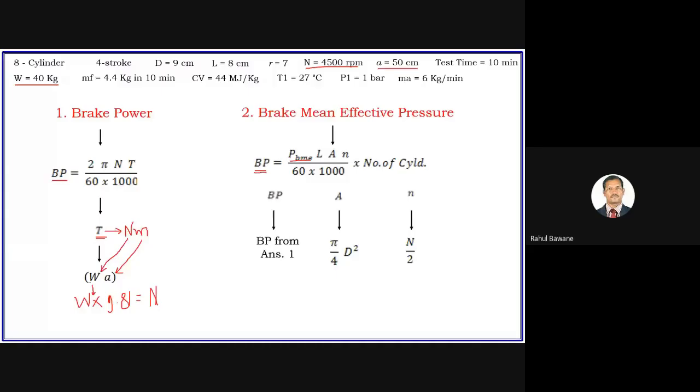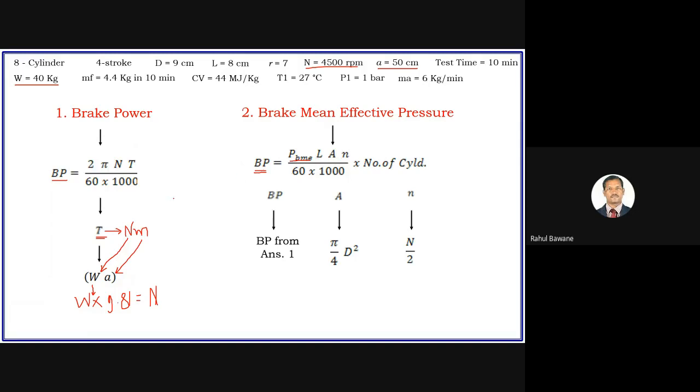Force, brake power is wrong if you don't convert kg into Newton. So if your brake power is wrong, that means this is wrong. If this is wrong, your second answer will be wrong. So that means even though you know all the formulas, you are doing all calculation correctly, but due to the failure of conversion of weight into Newton, all your answers will be wrong where we are using this brake power.